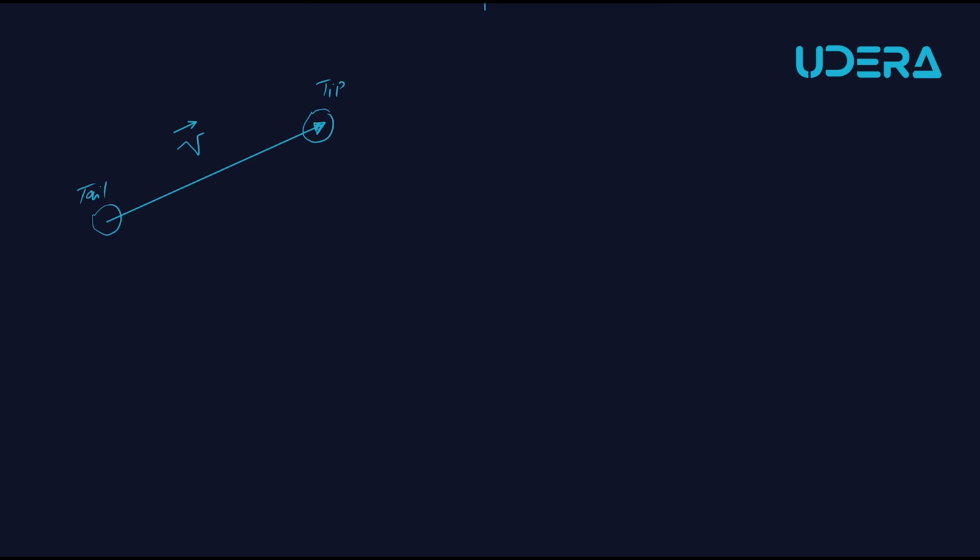Every vector on a 2D plane behaves like a line segment. So let's go through a 2D plane like this with x and y axis.